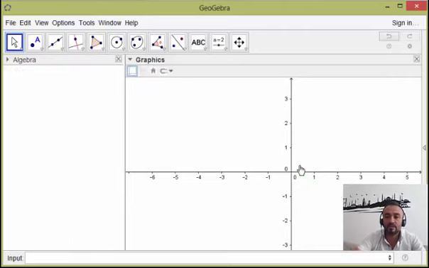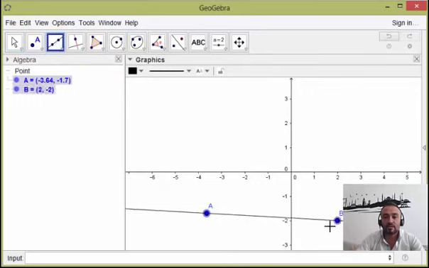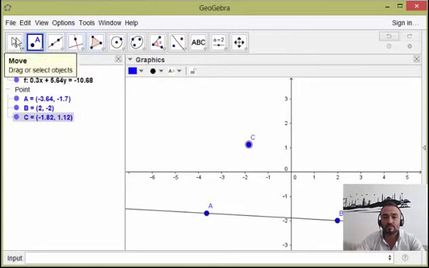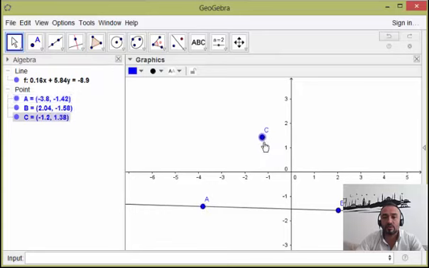I'm deleting the parabola. As you know, a parabola is defined as, let me create a line before and a point. This is my line and this is the point.